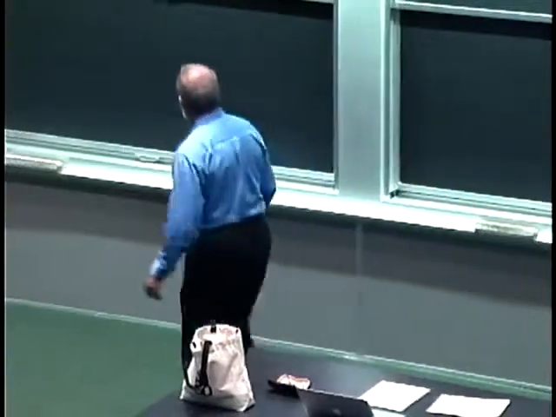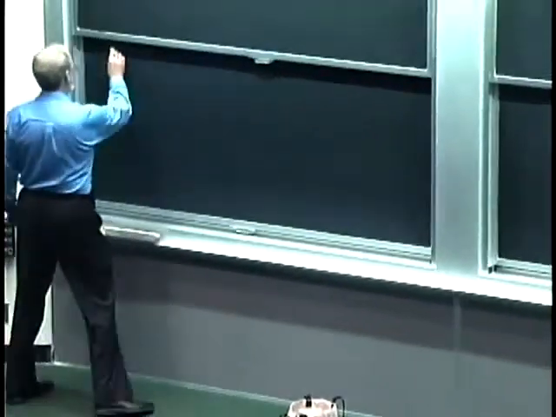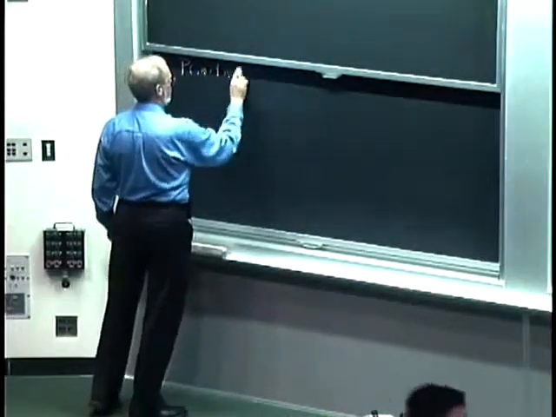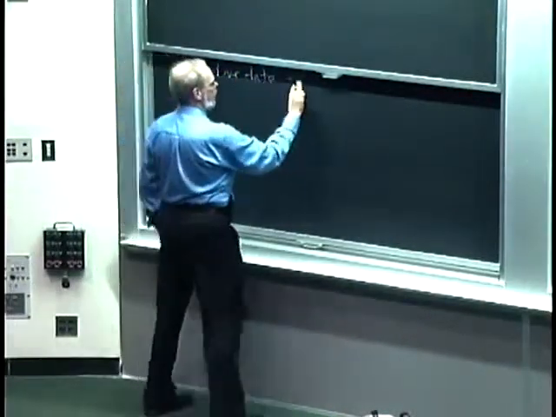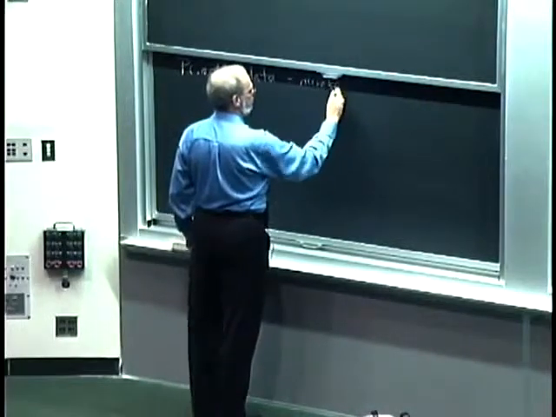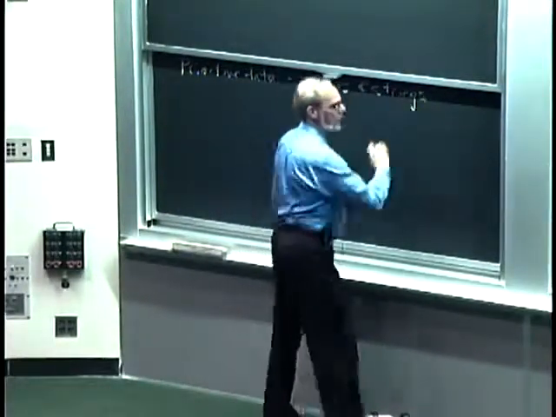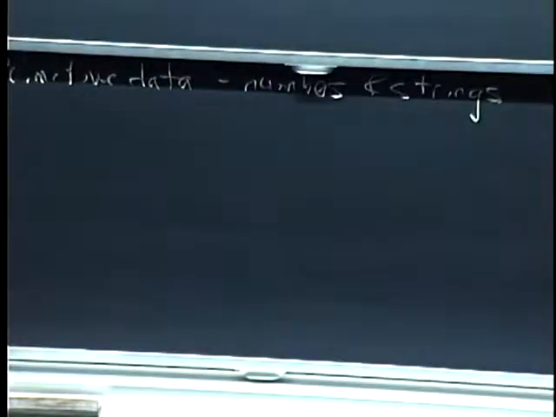In terms of primitive data, what we saw were two kinds: numbers and strings. A little later on in the lecture, we're going to introduce a third kind of value.